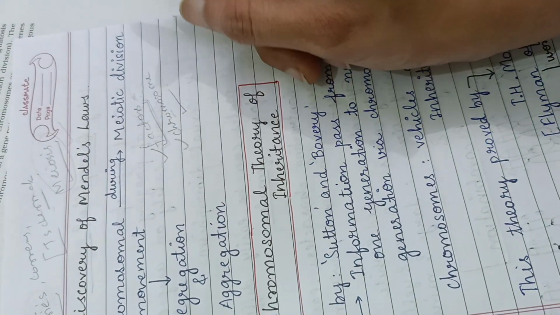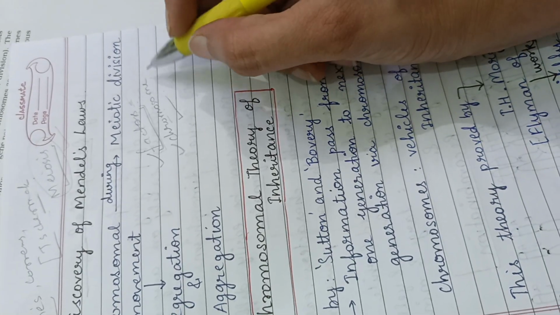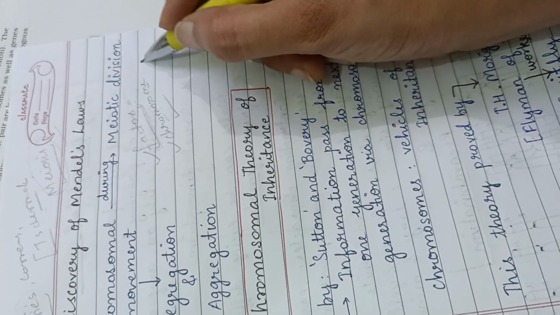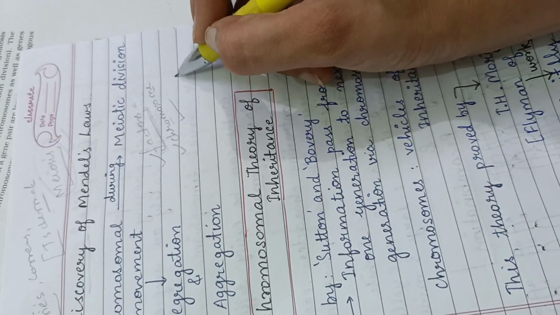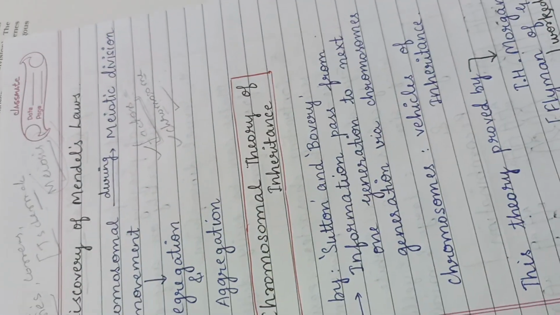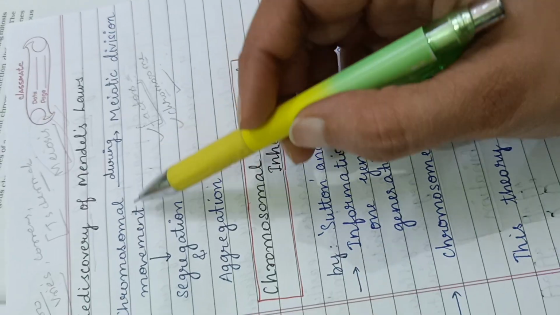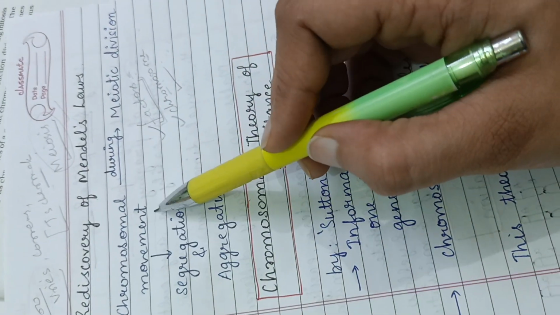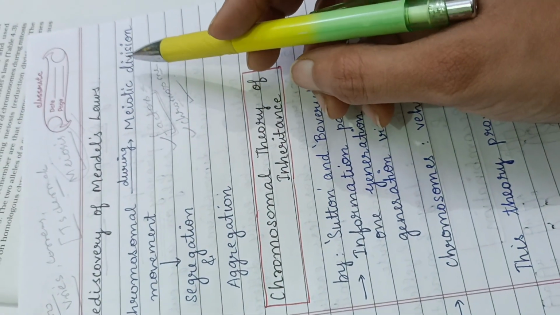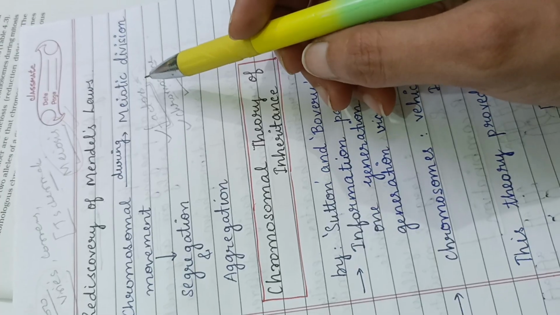So we can conclude that during meiosis, they discovered that chromosomes separate, and during fertilization, they reunite. Exactly the same thing happens with the genes or factors. So what they say is that during meiosis there is an anaphase where the chromosomes segregate to opposite poles.